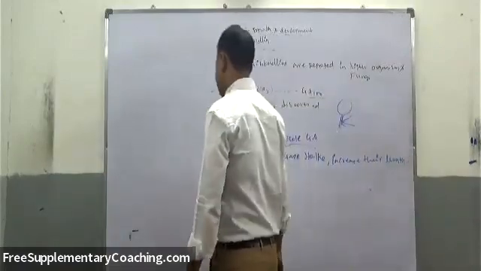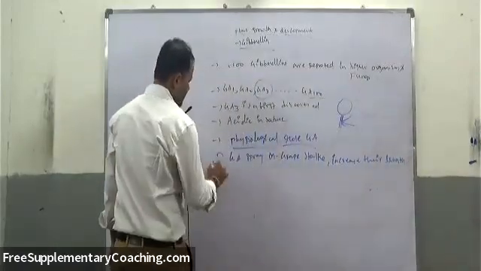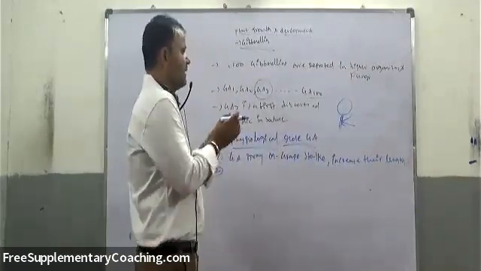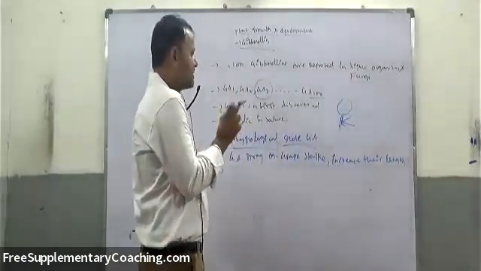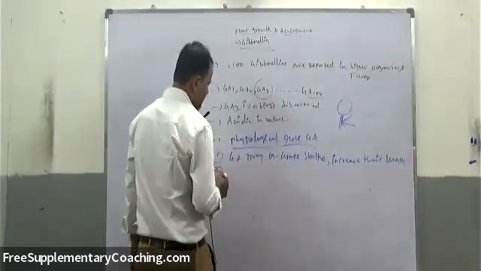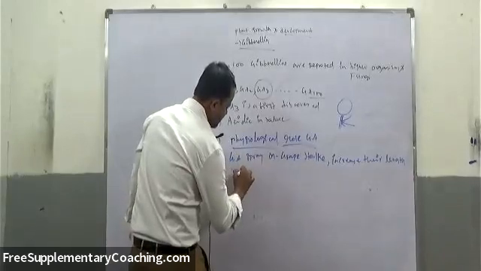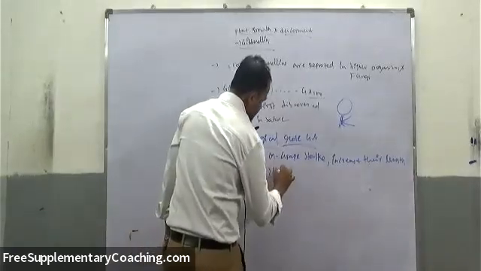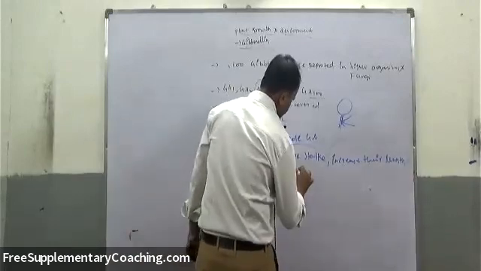The next point: it improves elongation and improves the shape of the apple. When gibberellic acid is sprayed on the apple, it improves their shape and elongation.